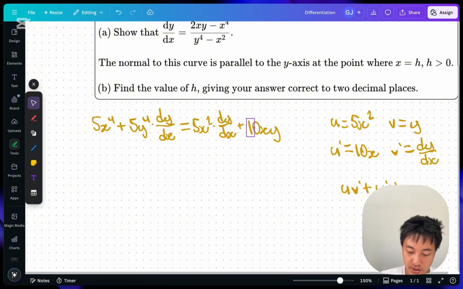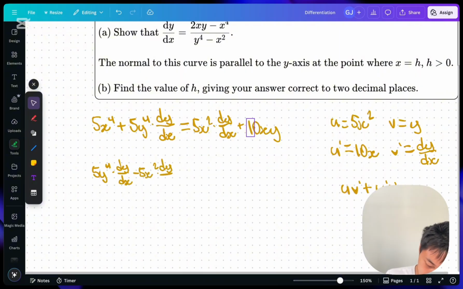Okay, and now we need to isolate dy over dx. So let's put all the terms with dy over dx on the left. So 5y to the fourth times dy over dx minus 5x squared dy over dx equals 10xy minus 5x to the fourth. And now let's factor out the dy over dx.